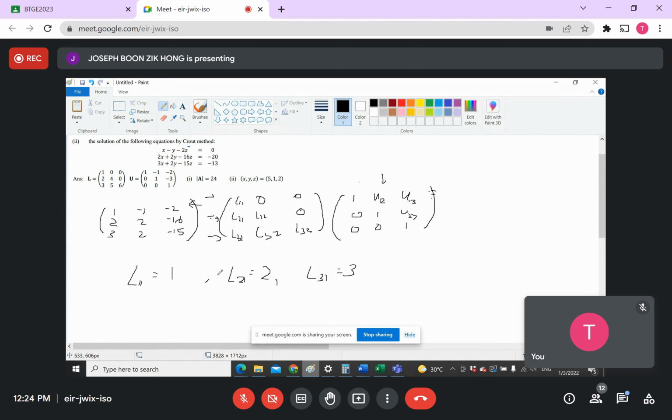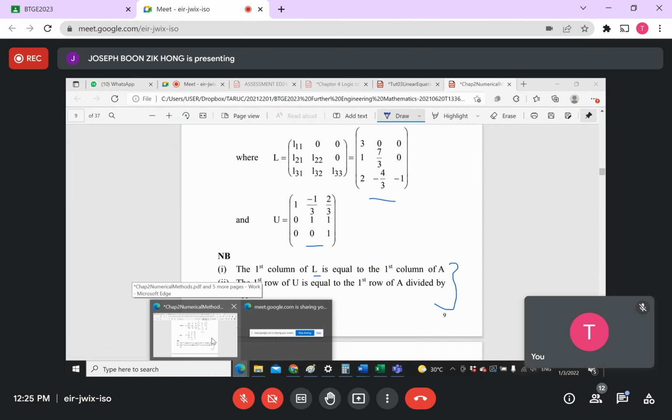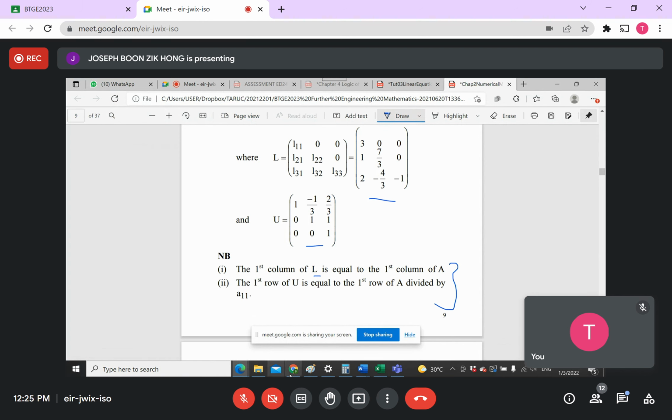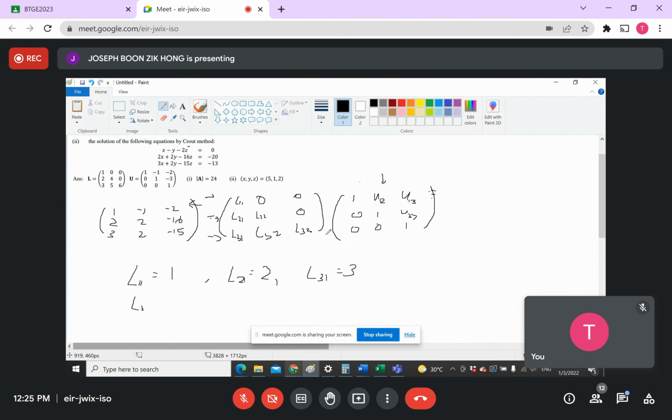So L11 times U12 is equal to this one times this one, which is negative 1.